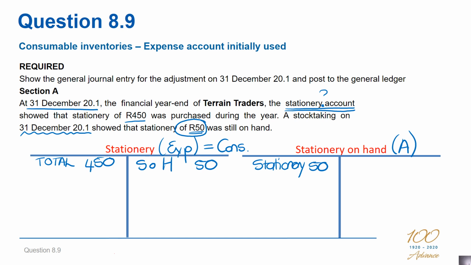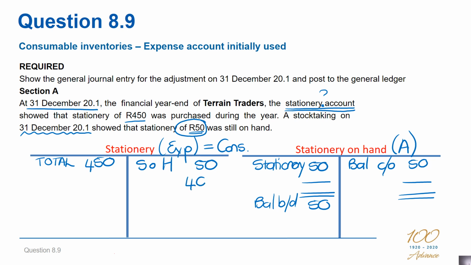Again, all assets will have to be balanced. So balance carried over 50 Rand, and the balance brought down, also 50 Rand. And in my stationery expense, you will see that your debits at this point are exceeding the credits. So I need a credit entry to close off this expense.